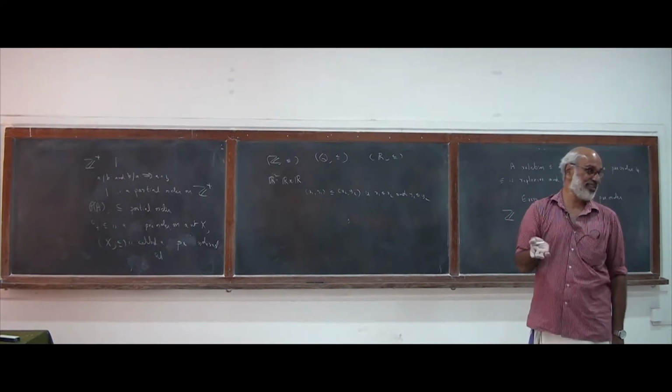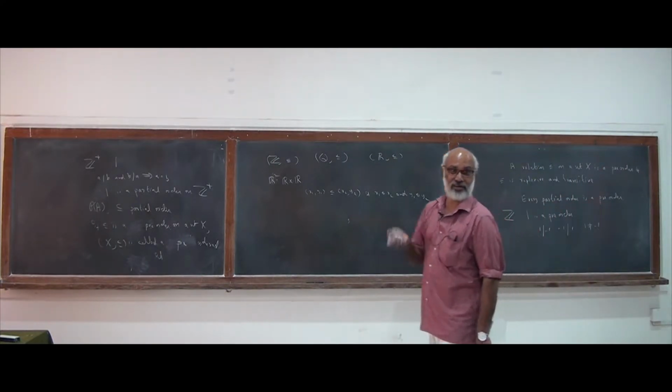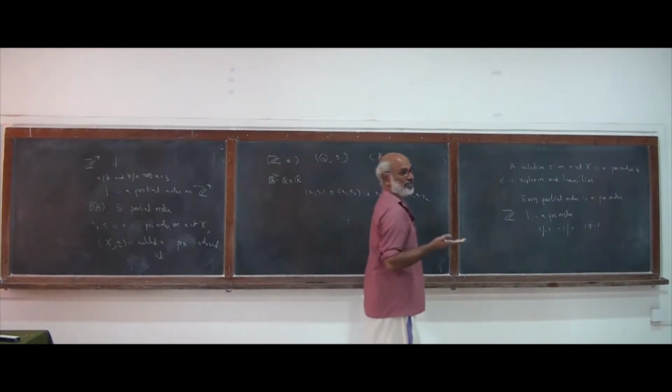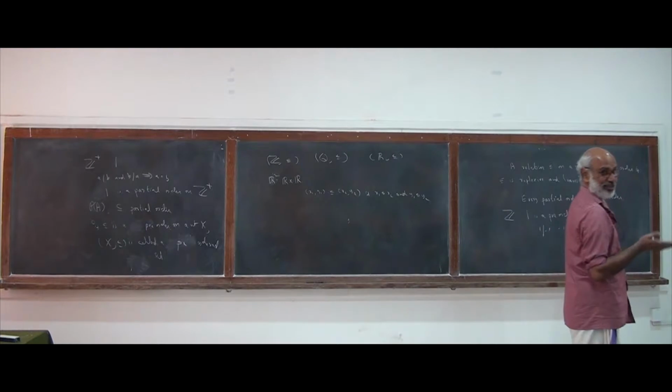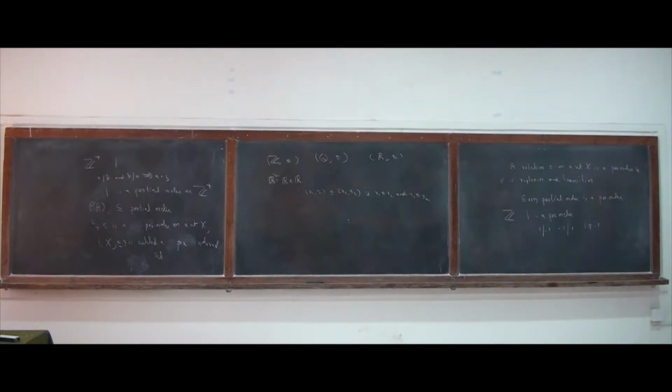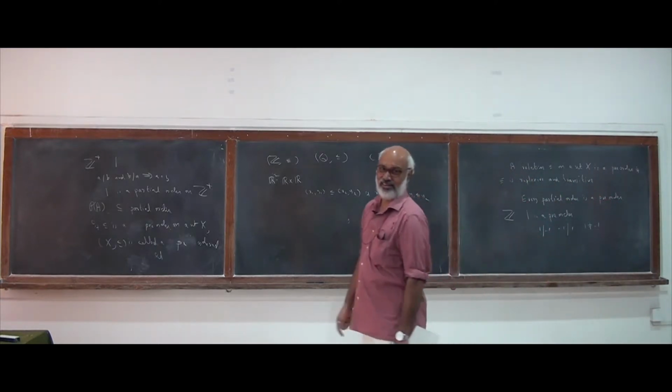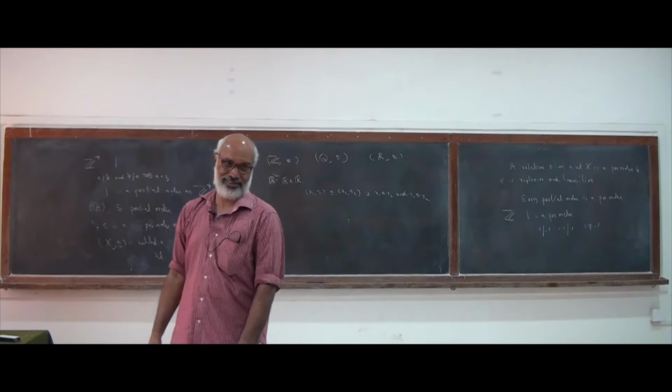That is why we are not using this order. Actually, in the case of complex numbers there is no sensible order you can give which makes it an ordered field.